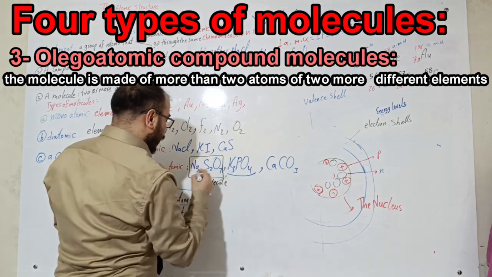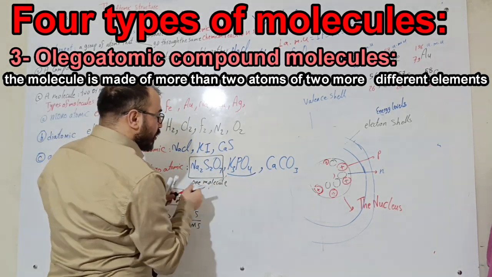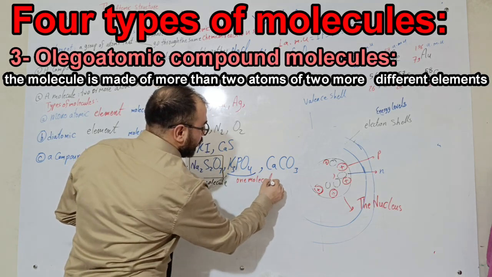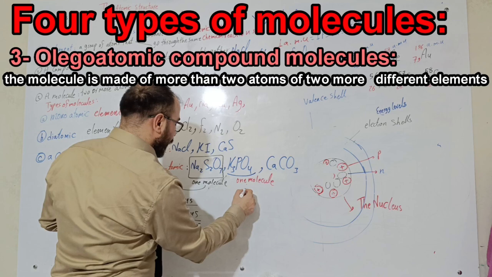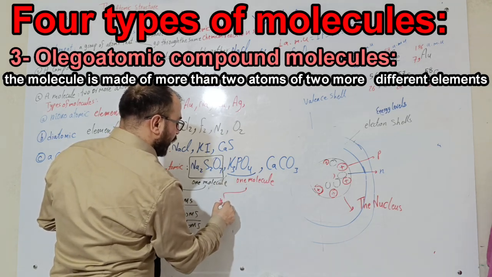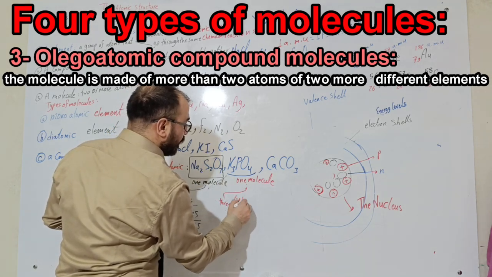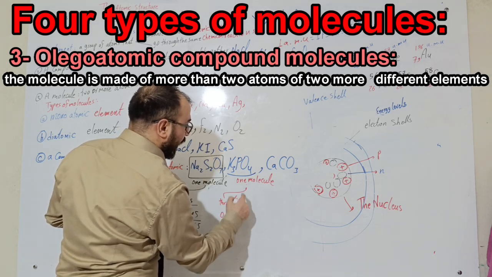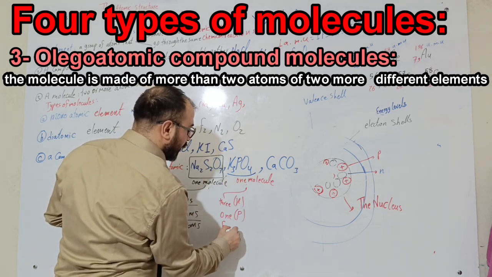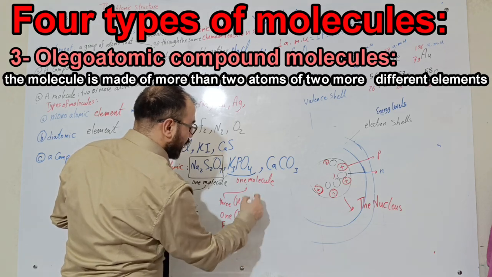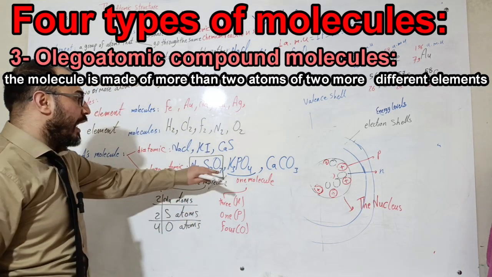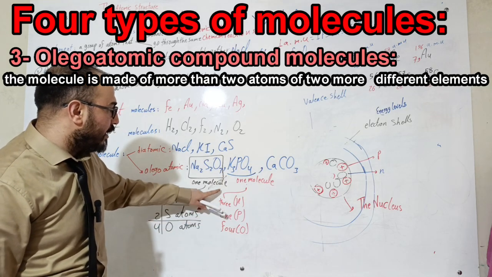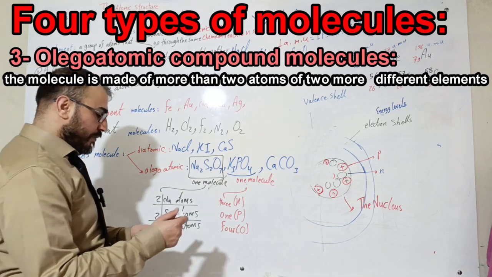The other one here, if we want to analyze it, also is one molecule. Yes, this molecule is made up of 3 potassium atoms, also 1 phosphorus atom, and 4 oxygen atoms. So how many atoms inside this molecule? This molecule includes 8 atoms.